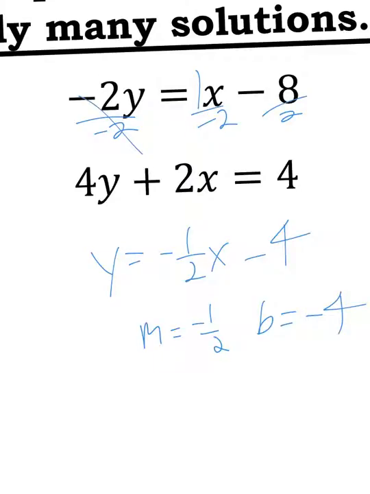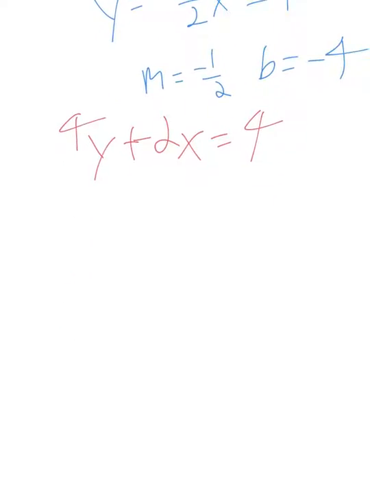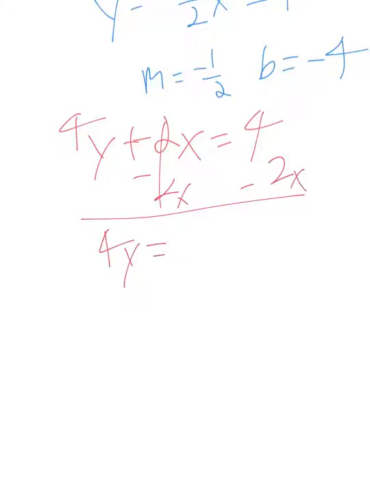Okay, and this other one, I'll just rewrite it right here. 4y plus 2x equals 4. So I need to solve this for y, so I might as well minus 2x to the other side. And I got 4y equals negative 2x plus 4.